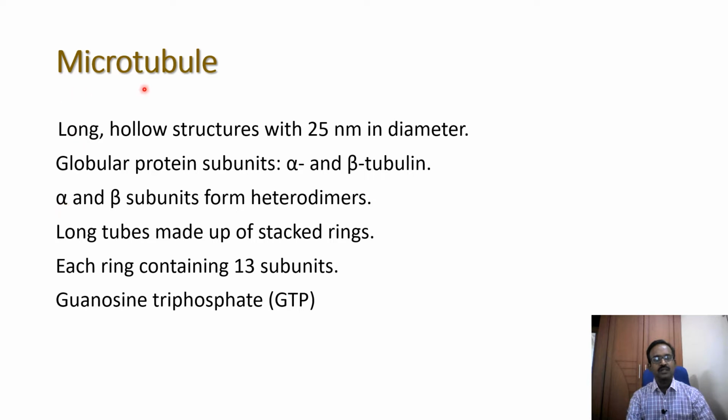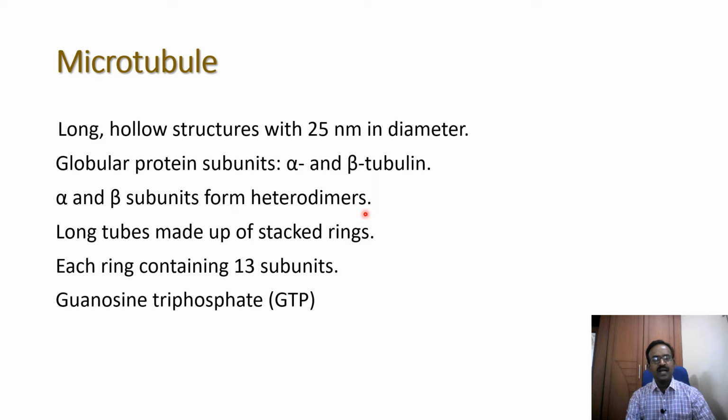Microtubules are long hollow structures with 25 nanometer in diameter. They are made up of two globular protein subunits, alpha and beta tubulin. The alpha and beta subunits form the heterodimers.